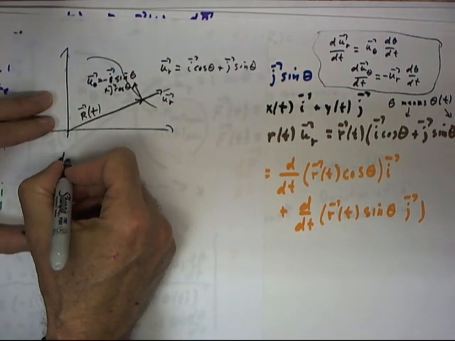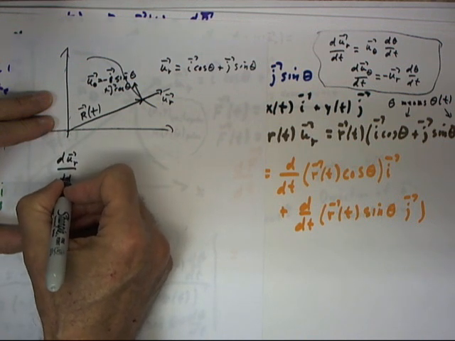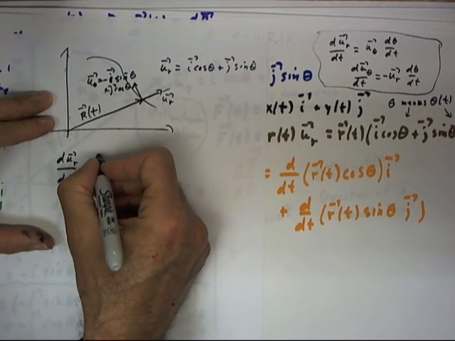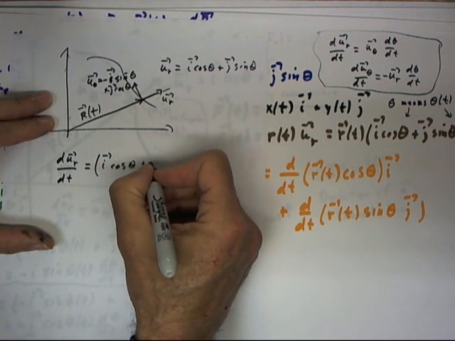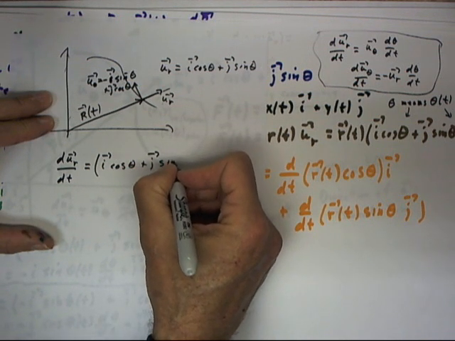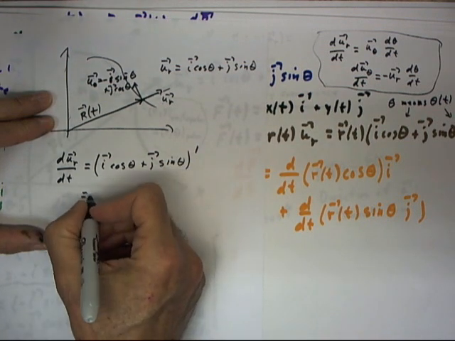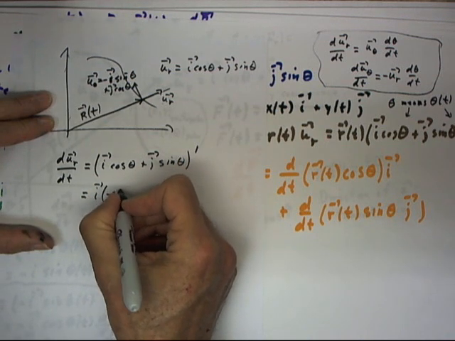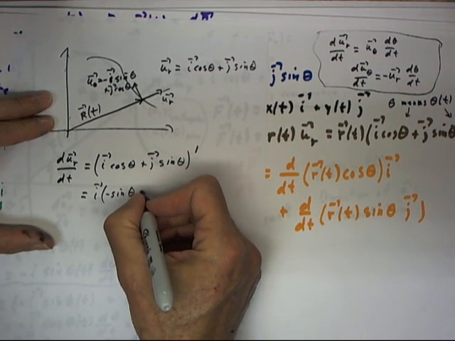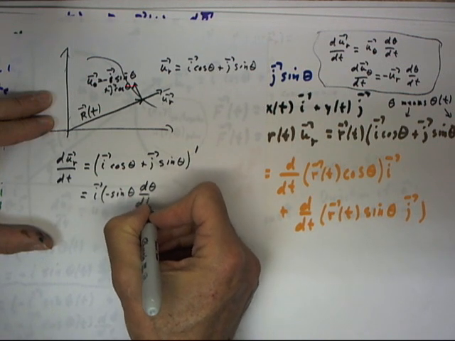If we take the derivative of u sub r with respect to t, then we're taking the derivative, I'm going to use the prime, of i cosine theta plus j sine theta prime, and this is i times negative sine theta times d theta dt.